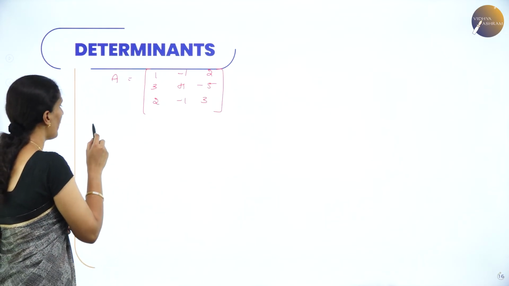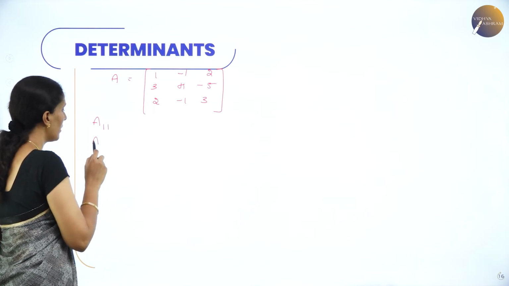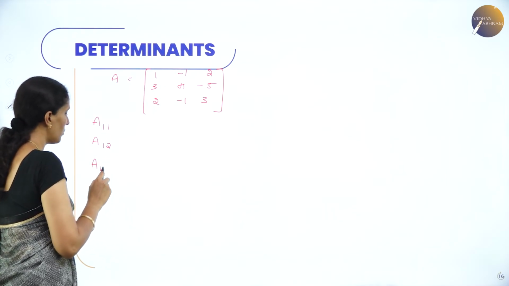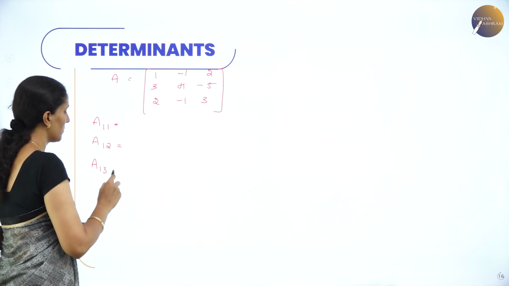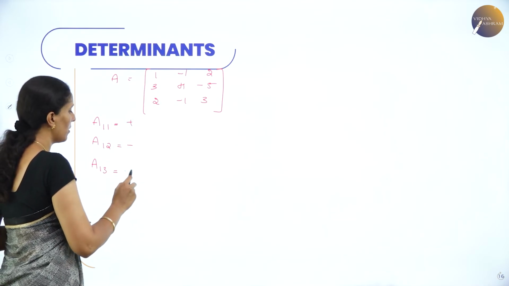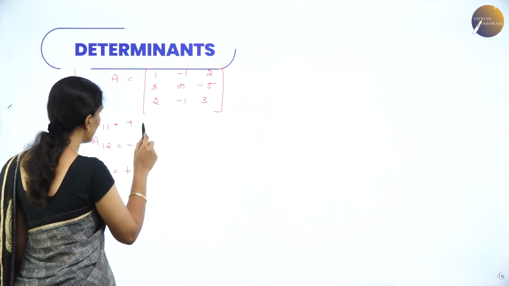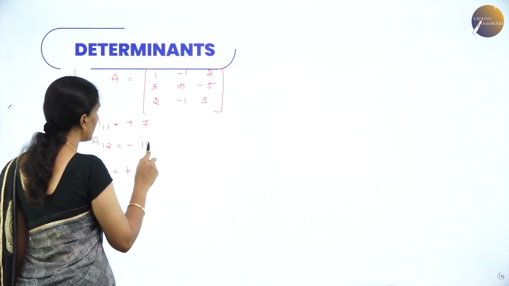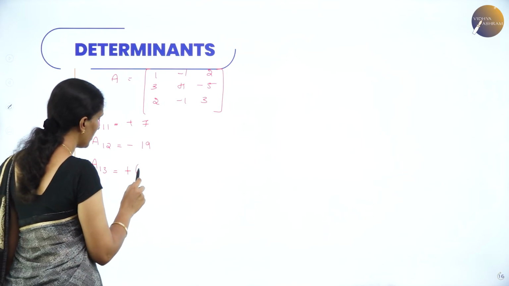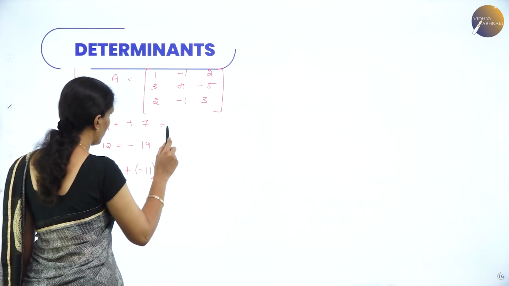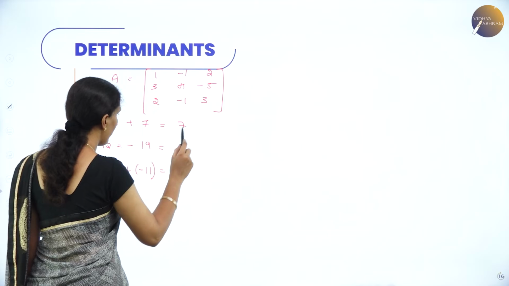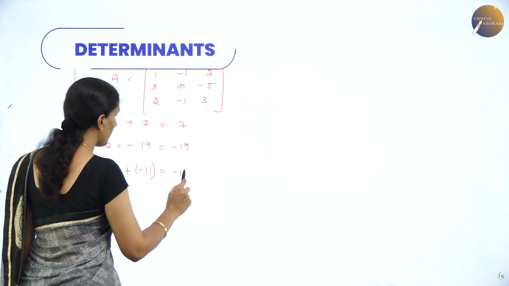So, let's write the cofactors A11, A12, A13. Plus, minus, plus. So, solving this, we get the cofactors as 7, 19, and here we get minus 11. So, therefore, the answer here is 7, minus 19, minus 11.